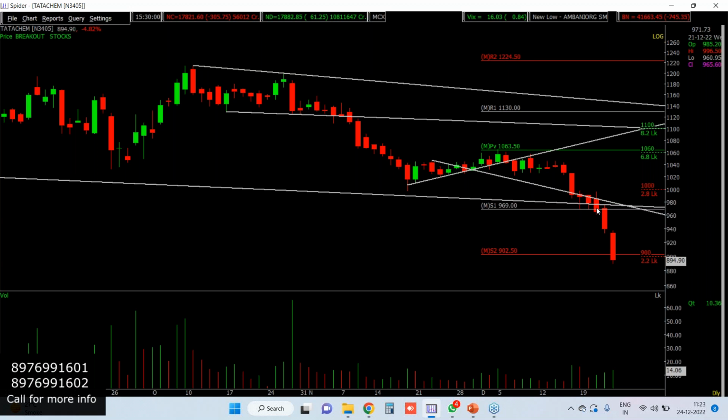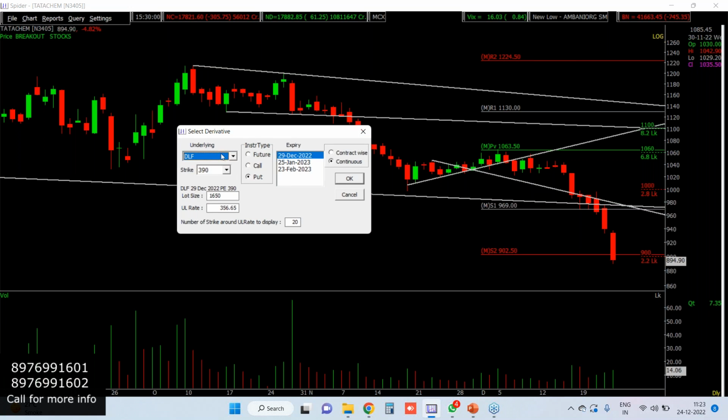See, Tata Chem also gave a good breakdown at around the date of 21 December. If you see the options contract chart, put side, we'll go for the in the money, that is the 1000 strike.